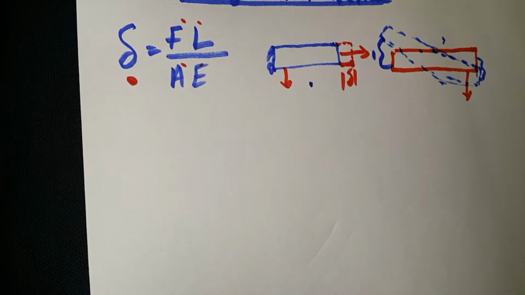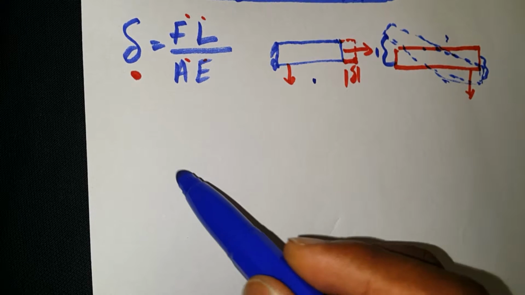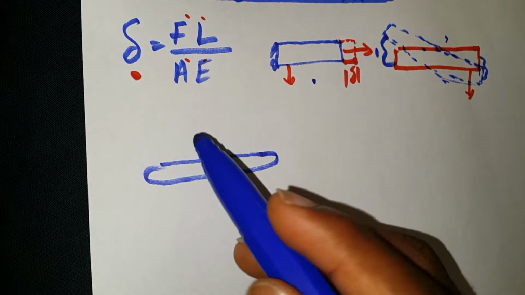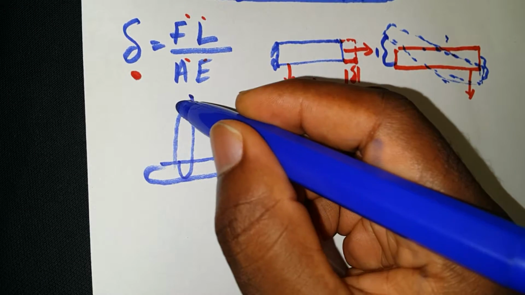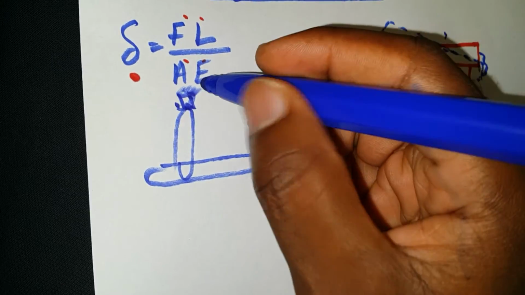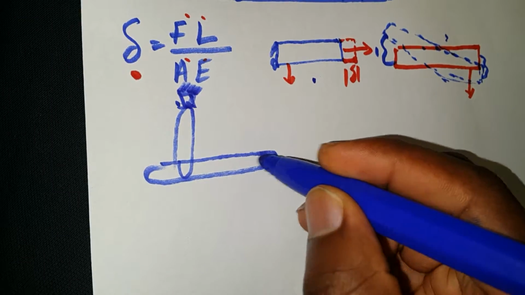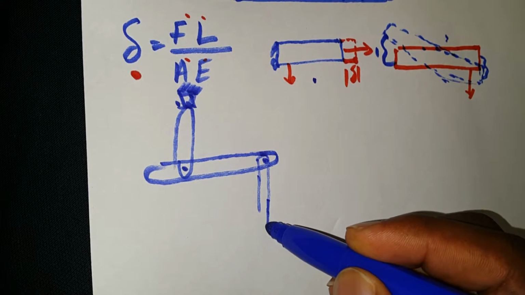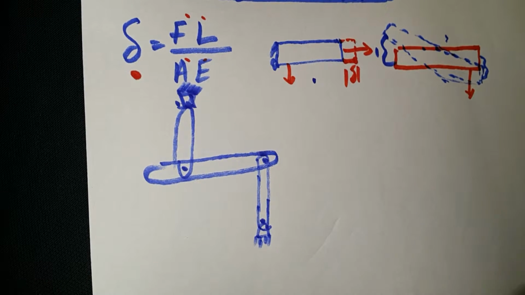So now we have the member. Let's draw this. We have something like this. This place is fixed, and it's also fixed.